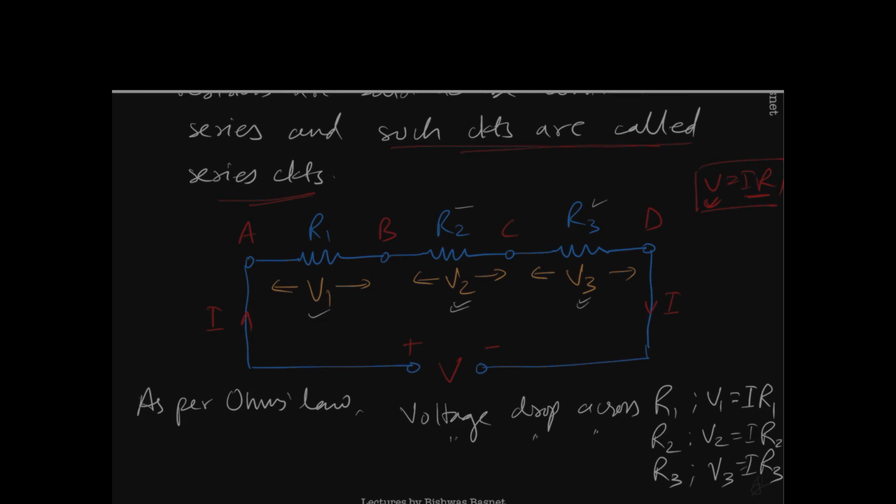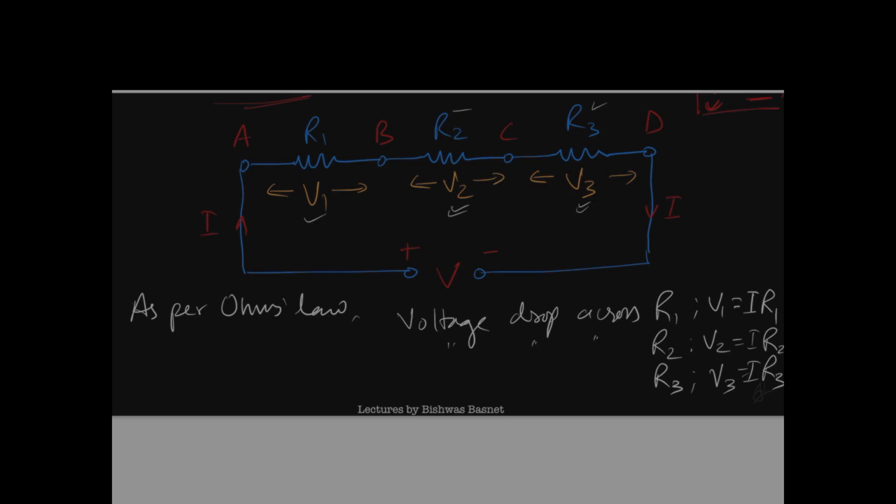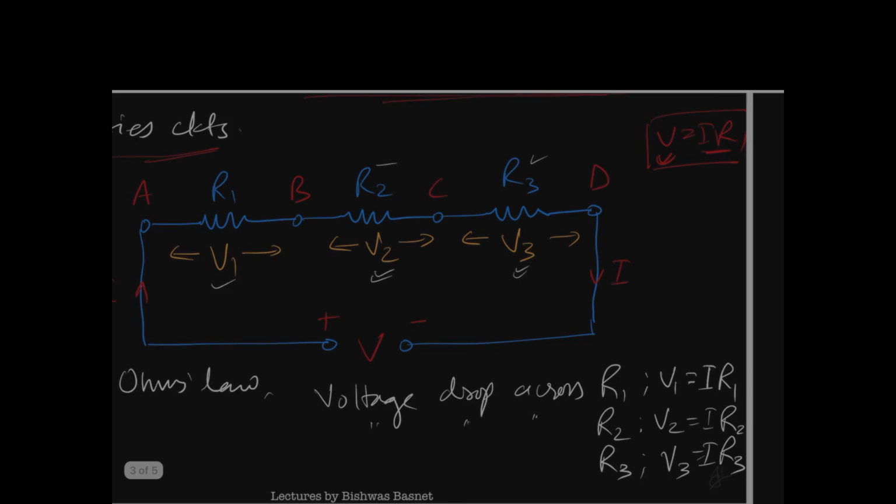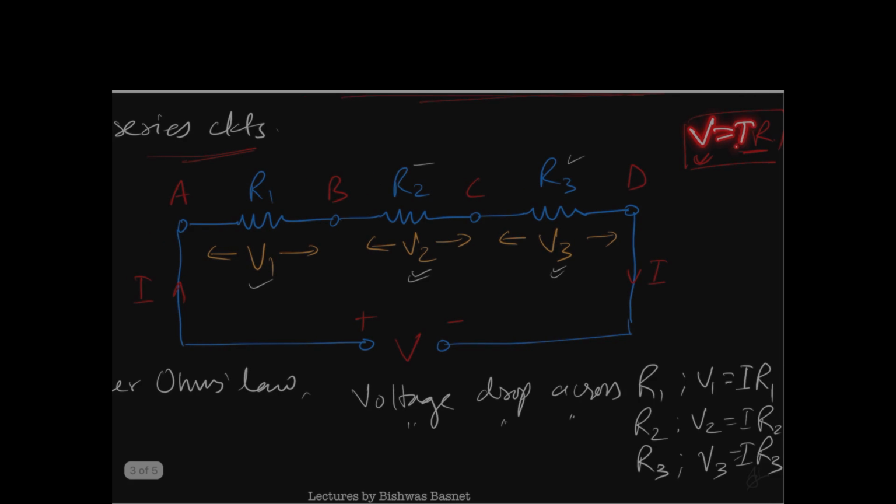Okay, great. Now, let's not forget about Ohm's law. If we recall Ohm's law, that's V equals IR, right? V is that voltage. It can be a drop, it can be the source, it can be anything.